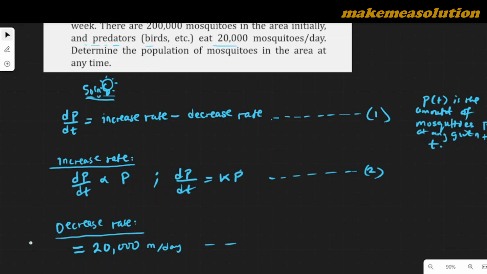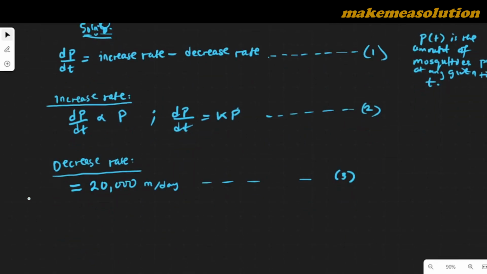Okay, this is equation 3. So the central equation, equation 1, now transforms to this form, that dP/dt is equal to kP for my increase rate, then minus the decrease rate, which is 20,000. So this equation 4 is the model that we want to use to solve this particular problem.